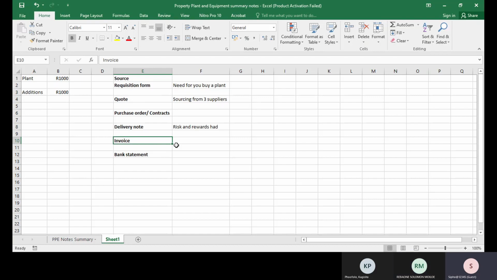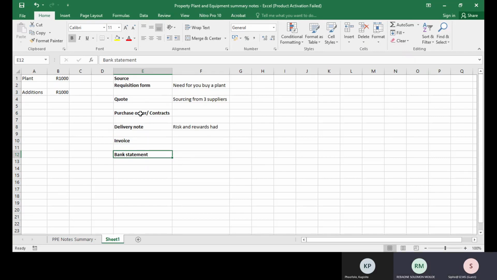You're going to agree the VAT amount to the VAT control account, and you're also going to reperform the calculation of the VAT to make sure that it agrees to the one on the VAT control account. Why are you doing that? Because you want to make sure that everything is accurately recorded in the general ledger. You're going to trace the amount on the invoice to the bank statement to make sure that the payment was made.